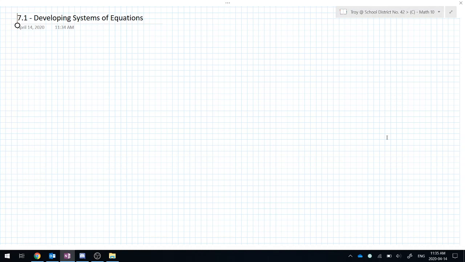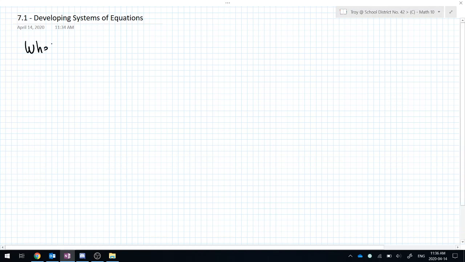Okay, so chapter 7. Chapter 7 deals with what we call systems of linear equations, or just systems. So far in math this year, we've been dealing with problems that have a single linear equation, just one. But today we're going to take a look at when we have more than one.